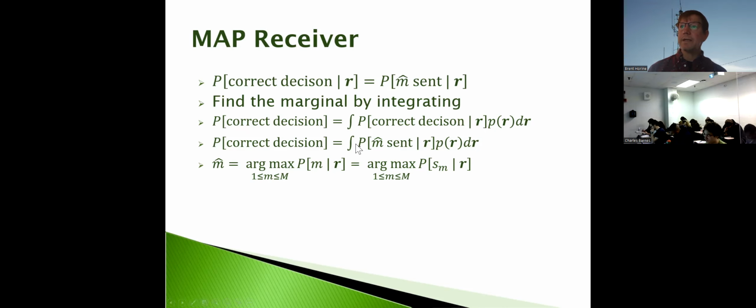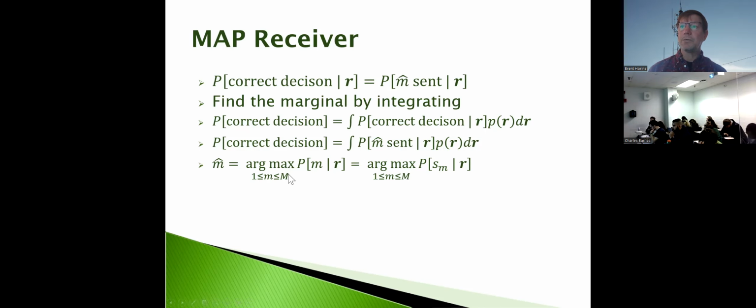And we can interpret this as saying that we will maximize the probability of a correct decision if we maximize this conditional probability in here, right? So what causes that probability to be maximized is what we're interested in.